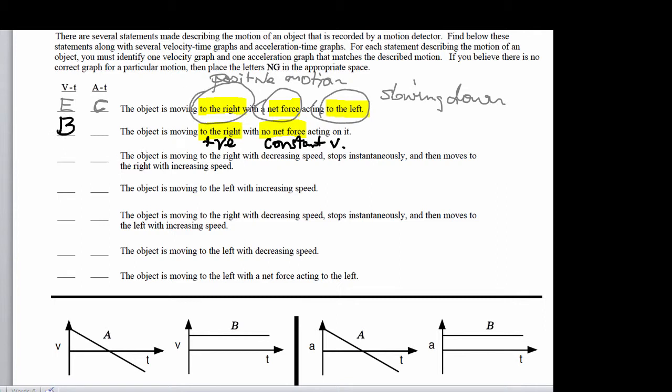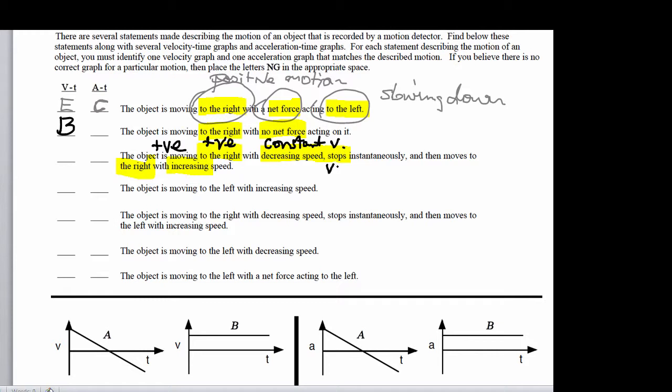All right, let's have a look at the next one. So the object is moving to the right, decreasing speed, stops, then moves to the right with increasing speed. All right, so who wants to walk through this one with us? What does moving to the right mean? Positive, right, so it's a positive motion. Stops, what does that mean?